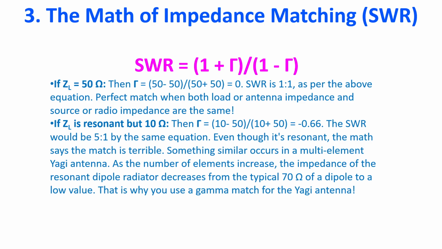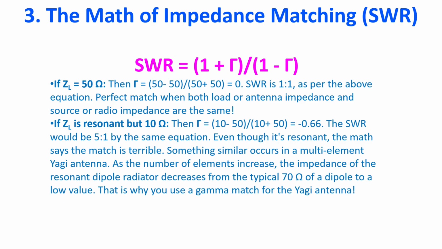Gamma is equal to the difference between load and source impedance divided by the sum of load and source impedance. The standing wave ratio is then derived from the magnitude of that reflection coefficient gamma. SWR is sum of 1 and gamma divided by difference of 1 and gamma.